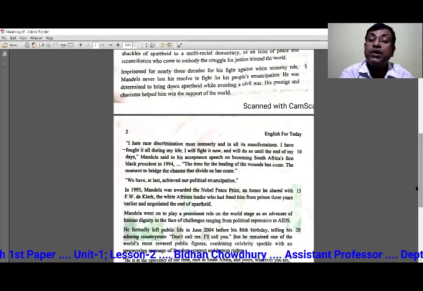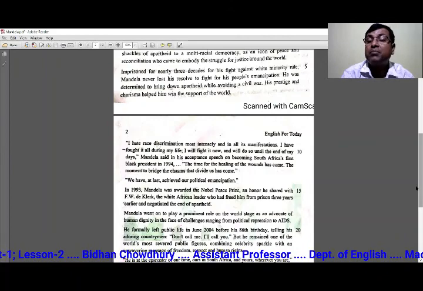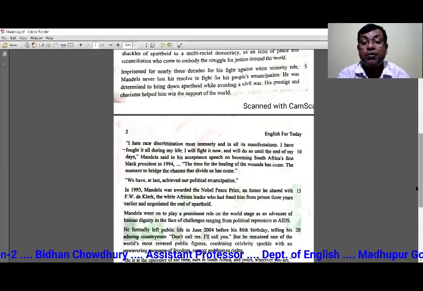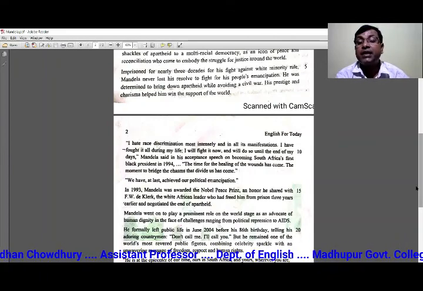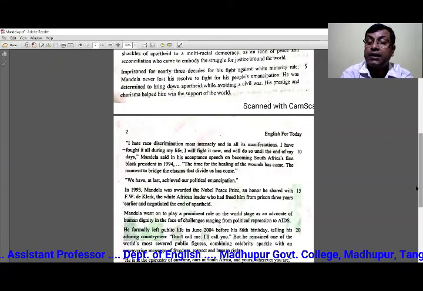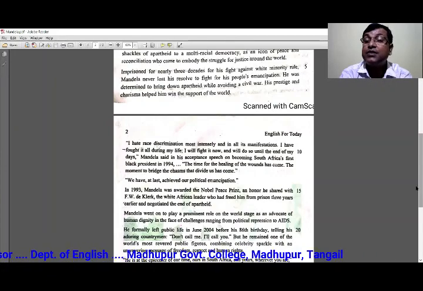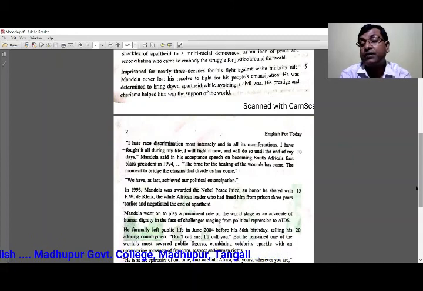He was not only an apartheid fighter, he was not only the first black president of South Africa, he did many other things. He was an advocate of human dignity against all types of challenges. And these challenges actually range from political repression to AIDS.